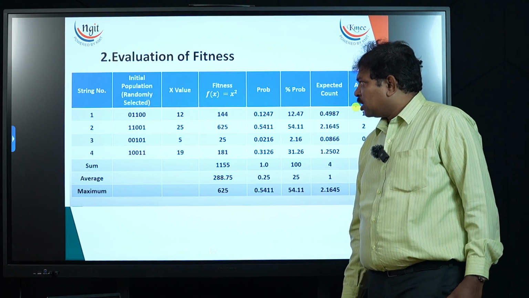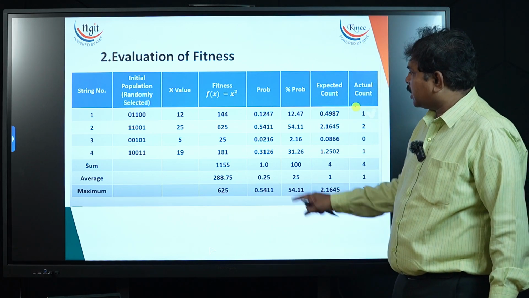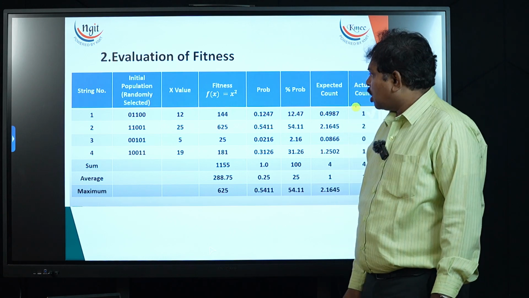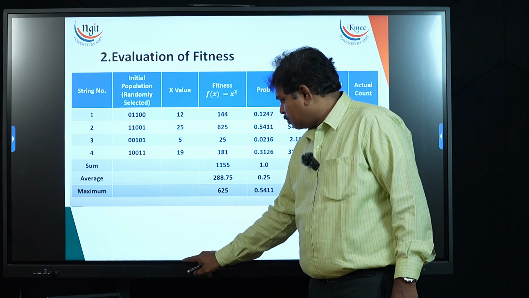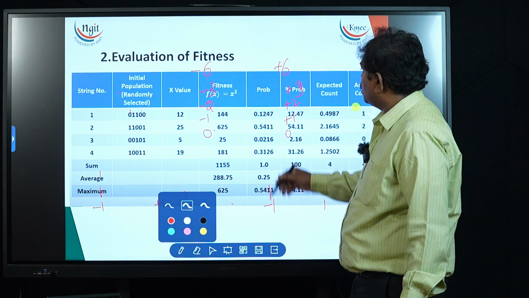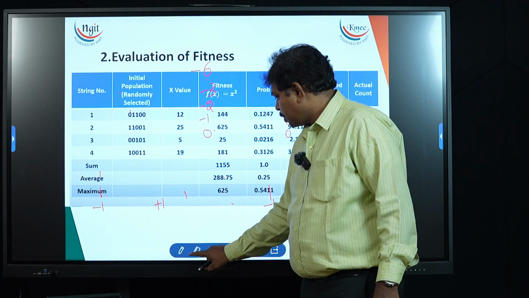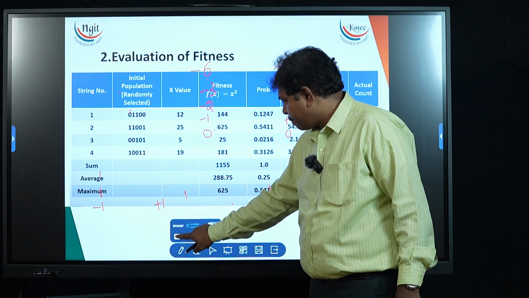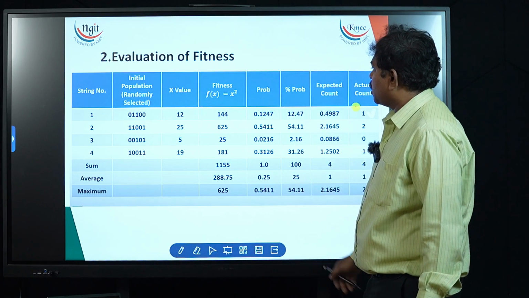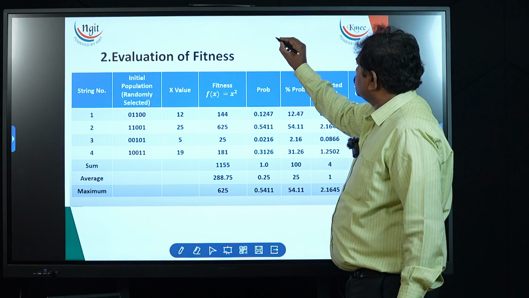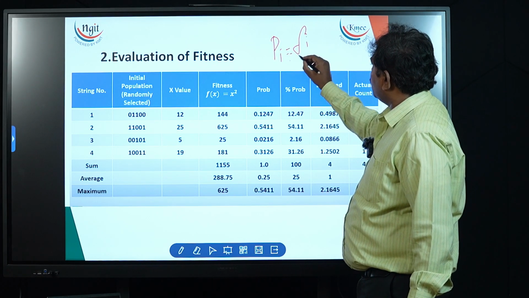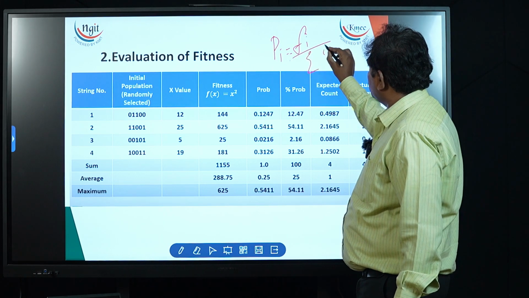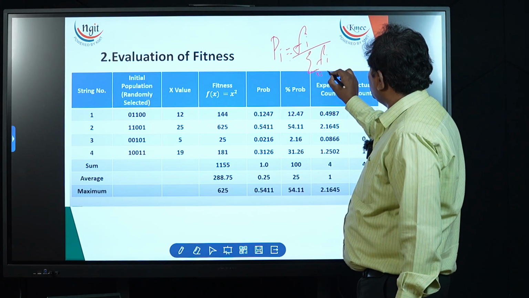Then I find the probability of selection of this sample as a parent. So how do I do this probability of selection? I say Pi equal to Fi divided by the sum of Fi, i equal to 1 to n.